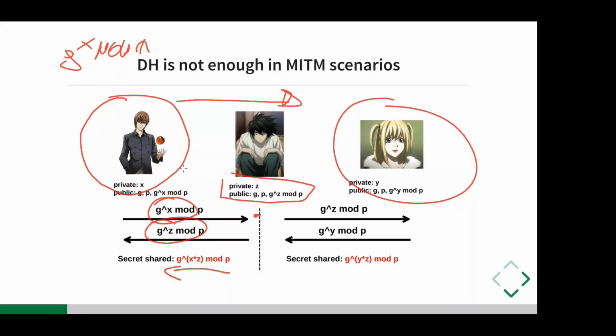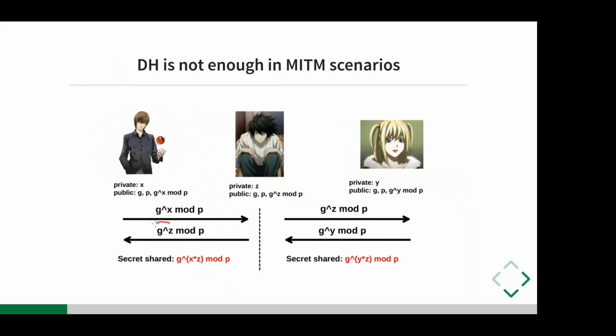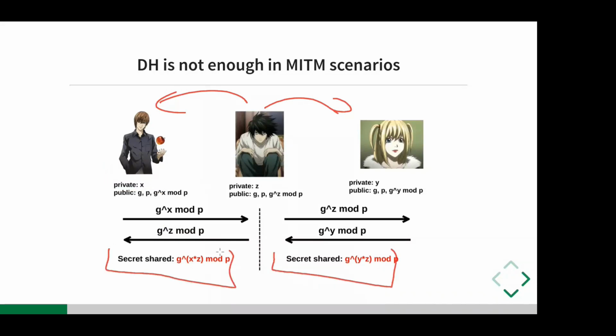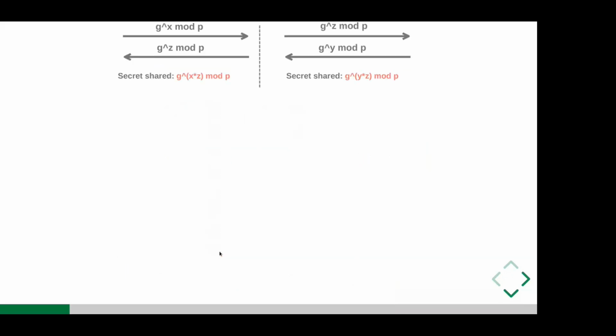This message is not authenticated, so the receiver doesn't know who sent it. Is this safe? Can I use this? That is the problem. The attacker can do this on the left and on the right, meaning that he can have two shared secrets, and then he can decrypt one thing and encrypt it with the other so that the other party reads it properly. So this is for Diffie-Hellman.